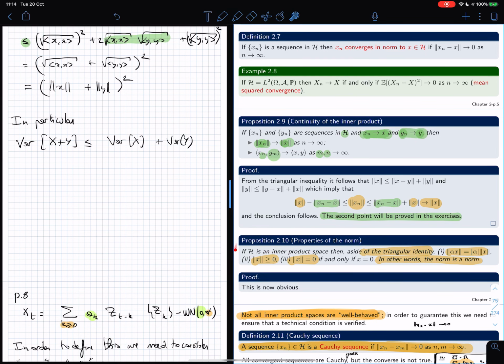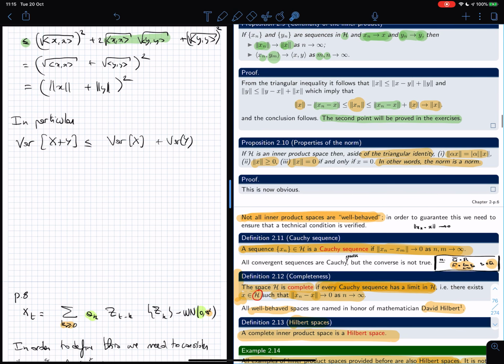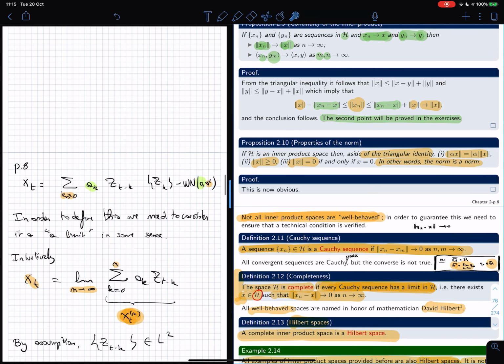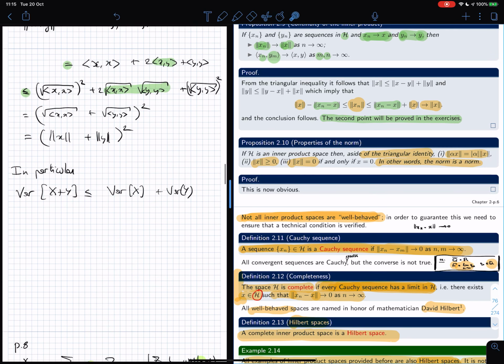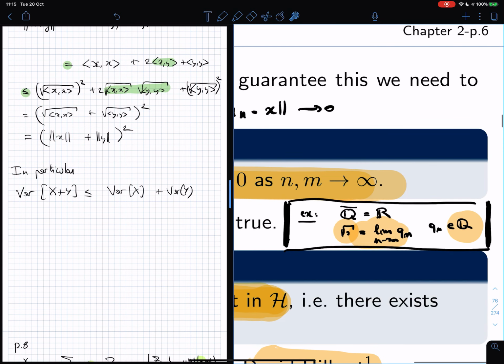So a final remark is that the norm is in fact a traditional norm in the sense that it satisfies the triangle inequality and non-negative definiteness. The problem is that not all inner product spaces are well behaved, and an example to keep in mind is the set of rational numbers.